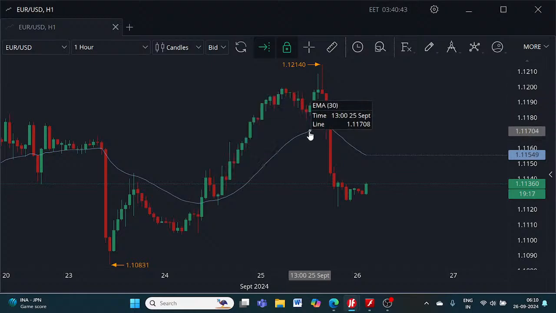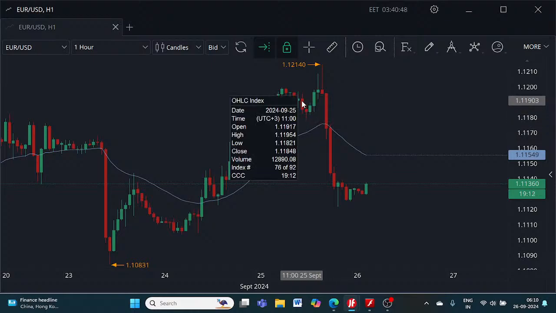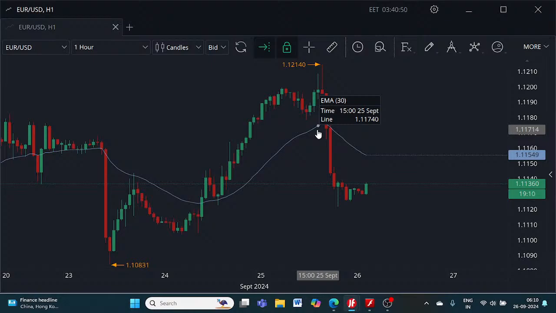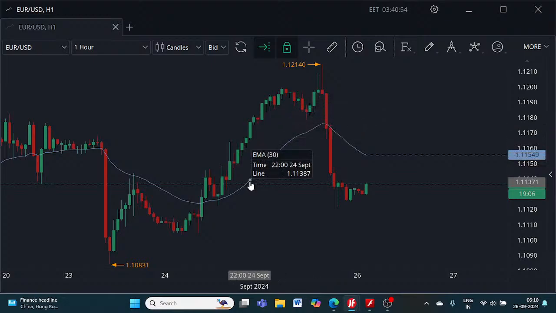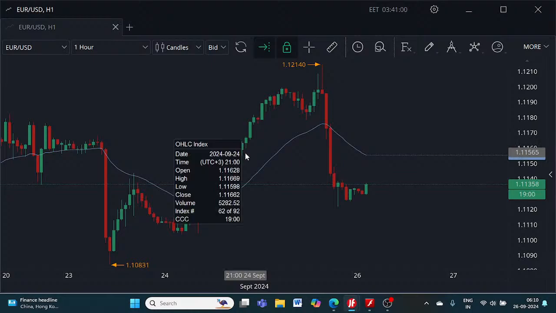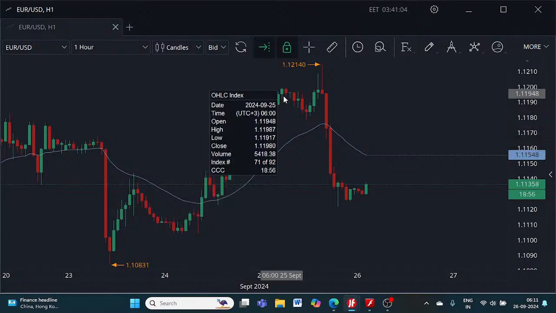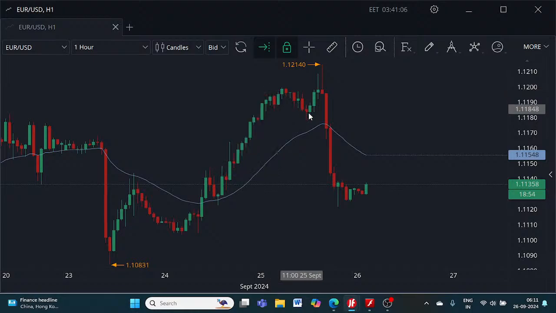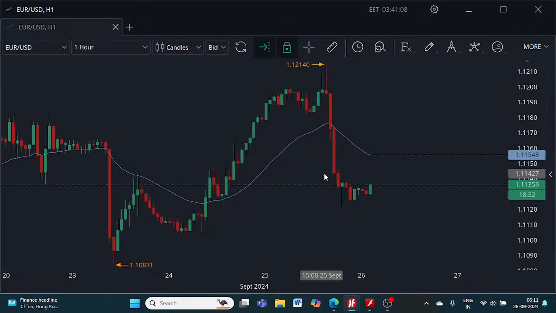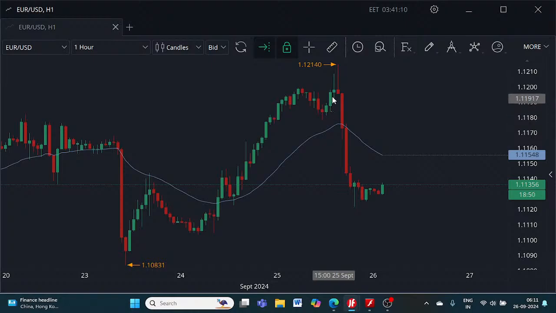But still we had this EMA line moving upward, because earlier the price was on the downside, then there had been this sharp move on the upper side, so it took time for it to adjust to this elevated price.